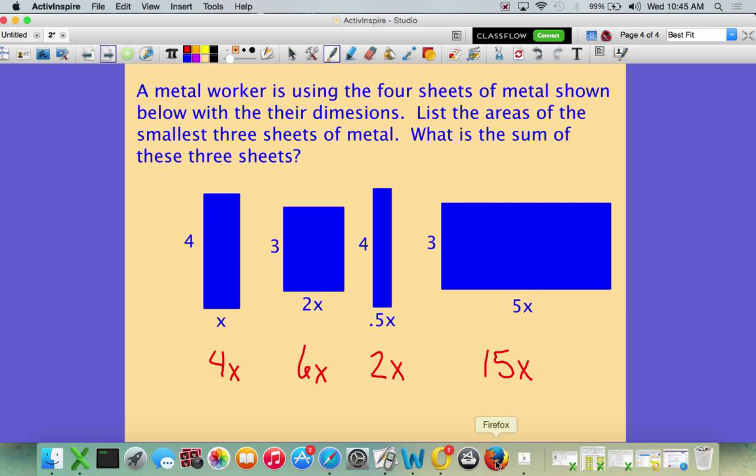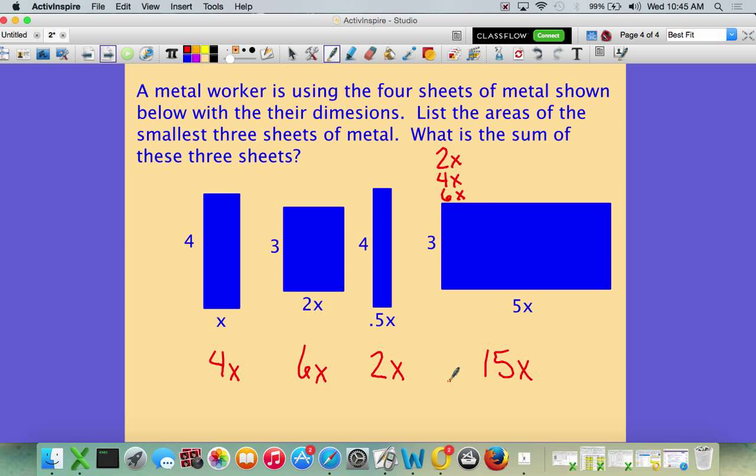Now what it says is to list the areas of the smallest 3 sheets of metal. Well, that would be 2x, 4x, and 6x. And then it says, what is the sum of these 3 sheets? Well, we're going to add those together. They're all like terms.